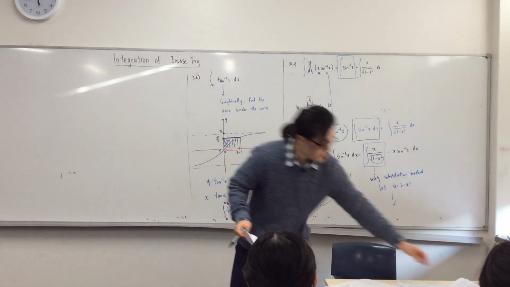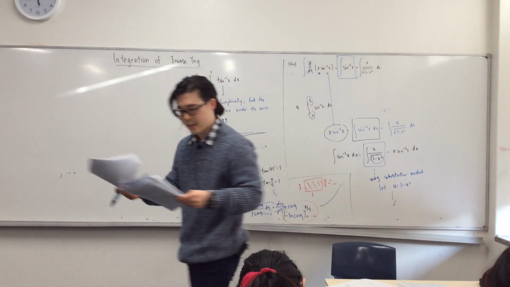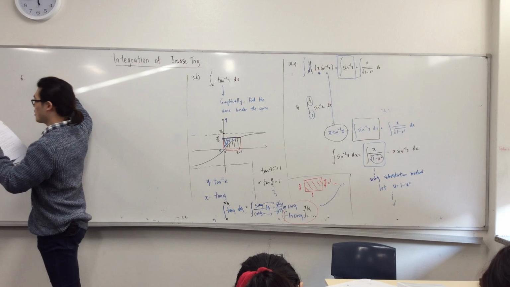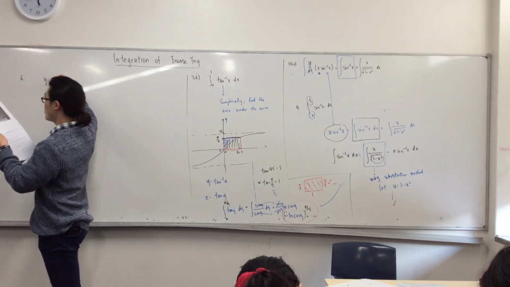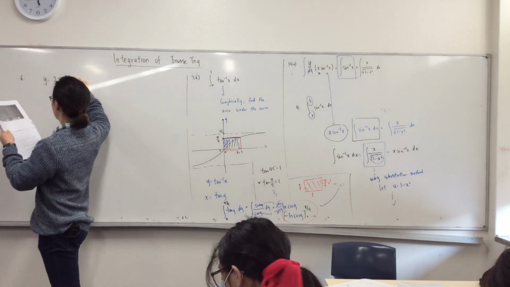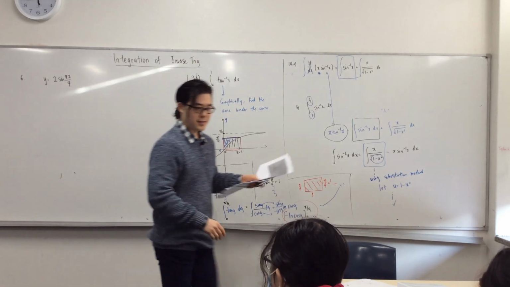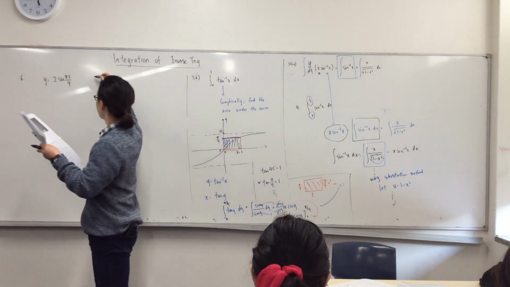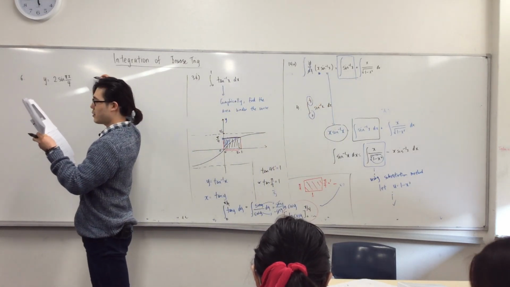All right, question 6. You're still writing? Okay, all right. Question 6. So we need to draw this. Hello. You got a message. Should I do it in blue or red?